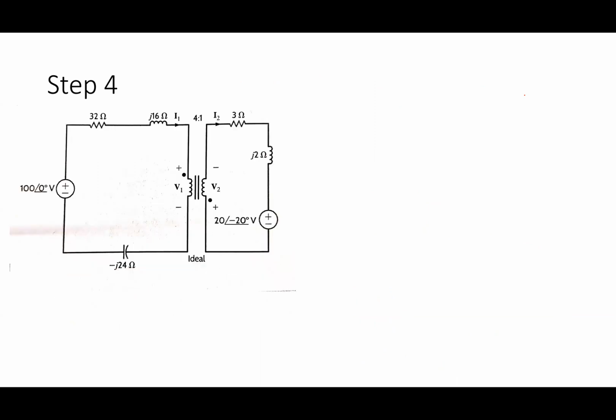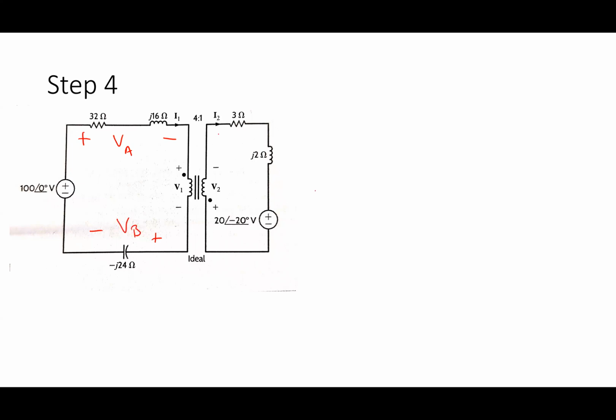So what's the approach for solving it? Well, basically what I've got here is two meshes. That's the way that I look at this. One mesh on the left side, on the primary, and one mesh on the secondary. I'm going to label this up: I got a voltage here, VA, and a voltage here, VB.